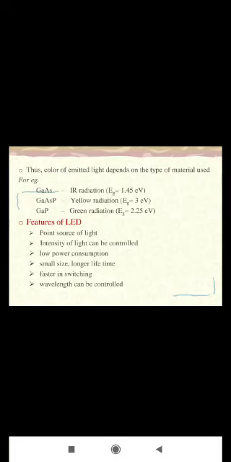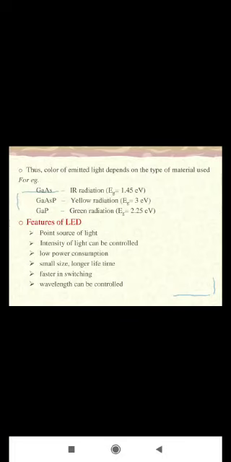Now coming to the features of an LED. Obviously it is a point source of light, and simply by adjusting the current flow through an LED, the intensity of light can be controlled. Moreover, you need to supply moderate input power, so there is less power consumption.